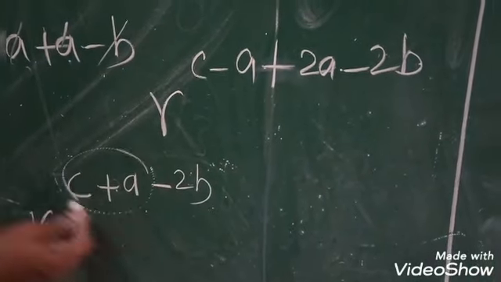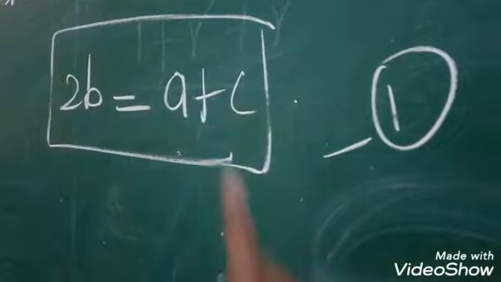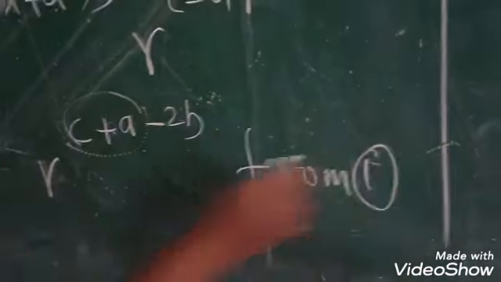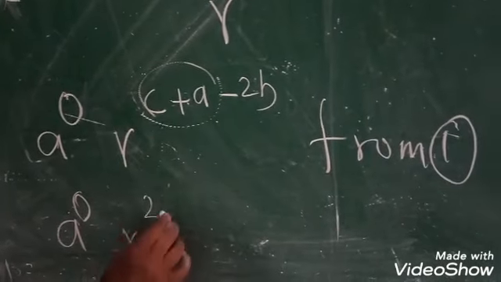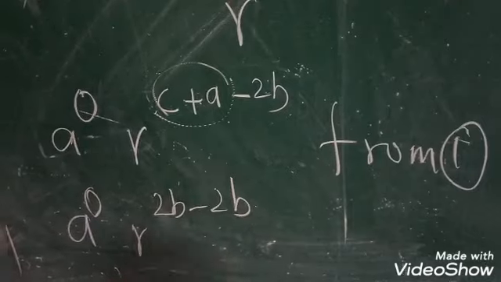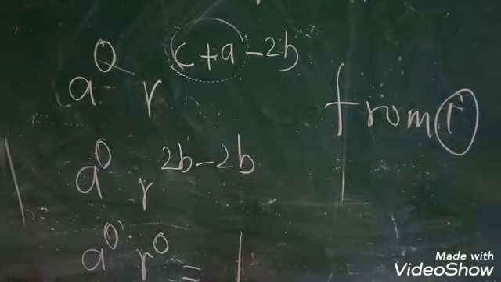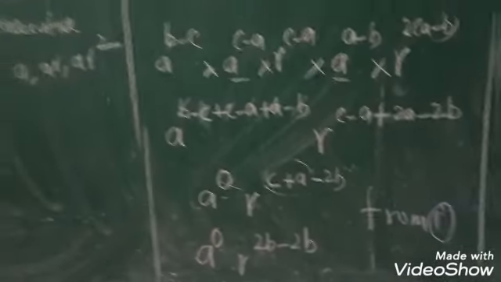So we very well know from the first term and the second term, what is the value of A plus C? 2B. Now we are going to substitute. From 1, A power 0, R power, here I put 2B minus 2B. Okay, now A power 0, R power also 0. Anything power 0 is called 1. Yes, that is the answer, girls. Hence proved.